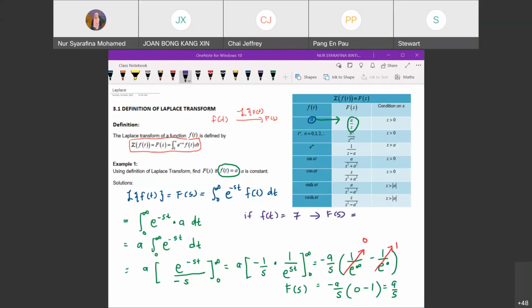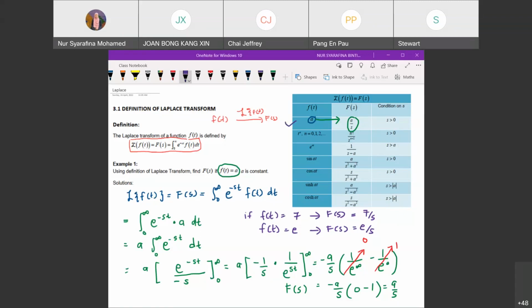If your f(t) equals 7, then what is your F(s)? 7 over s, yes. So for any constant, if the function is a constant, then the function in the s domain is the constant over s, a over s. Is that clear? Okay, so that is how we transform a constant.